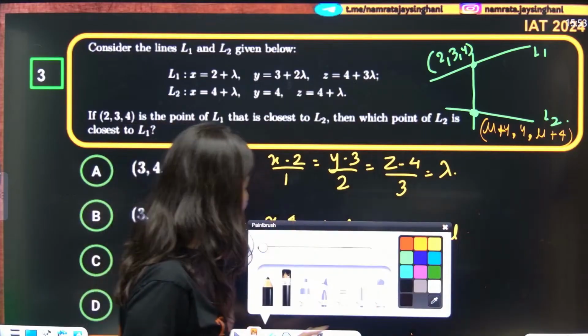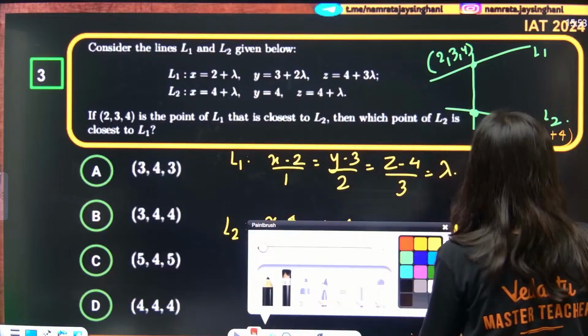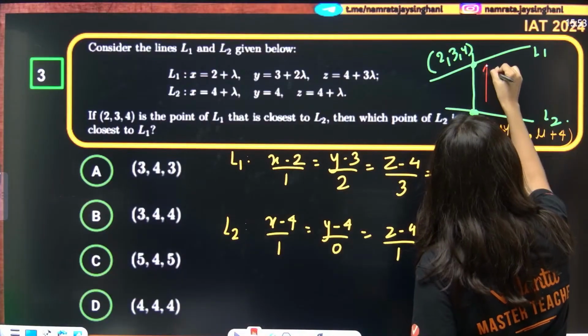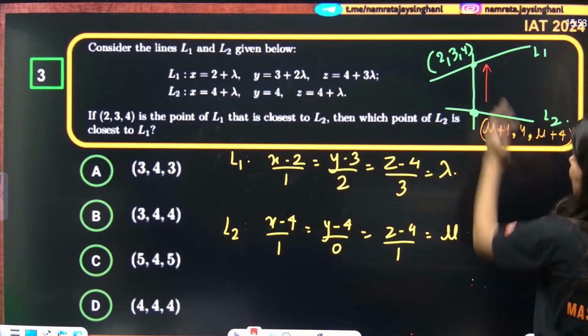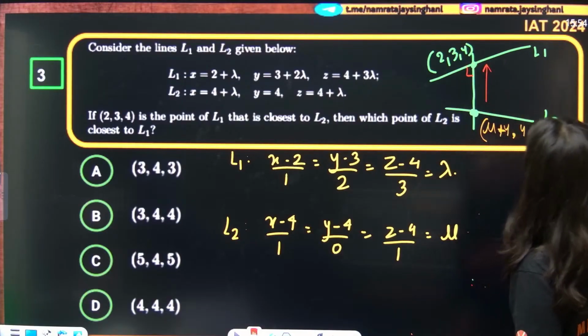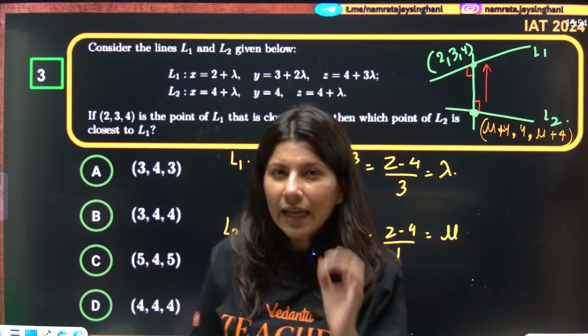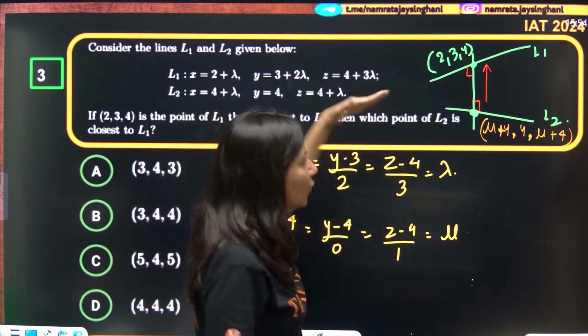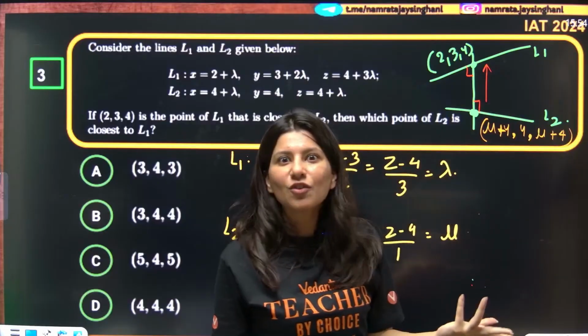So first of all, let's understand that this vector which you are seeing right here is actually perpendicular to L1 and perpendicular to L2. Can I calculate a vector which is perpendicular to L1 and L2 both? Definitely, by taking the cross product.